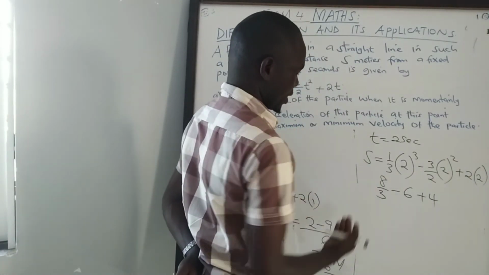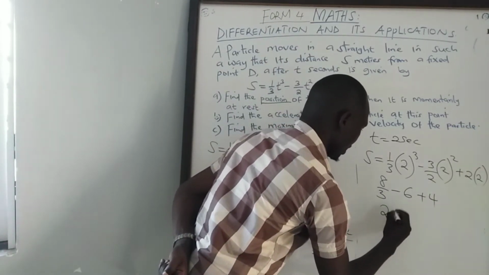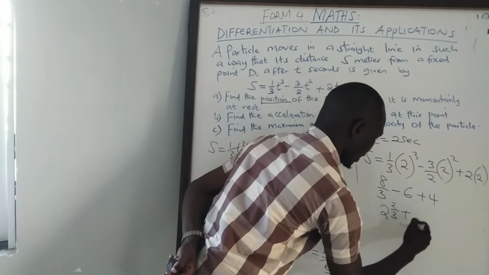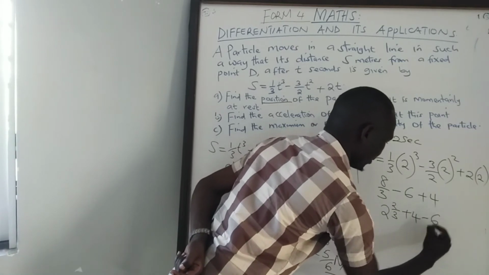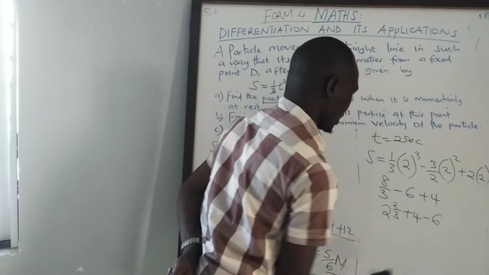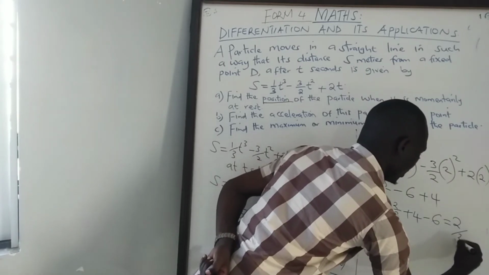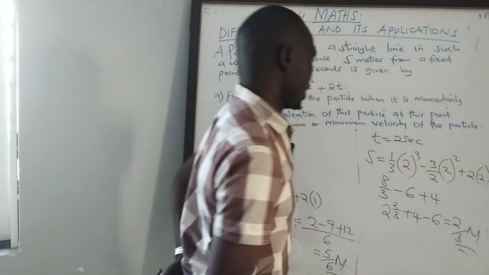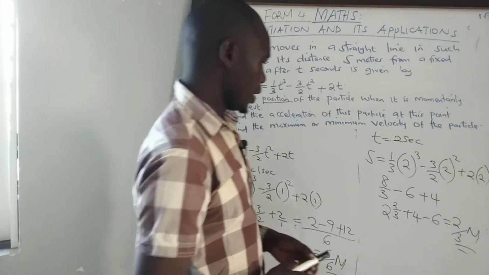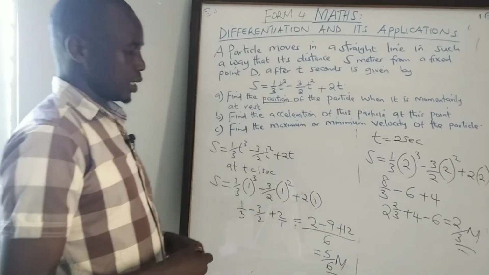From here we can express this as a mixed fraction such that 3 goes to 8 simply 2 times, then we remain with 2 over 3, then we can add 4 before we minus 6, and 2 plus 4 is 6, 6 minus 6 will give you 0, and therefore this one is going to remain as 2 over 3 meters, meaning when the particle is 2 seconds away, it should have covered 2/3 meters.